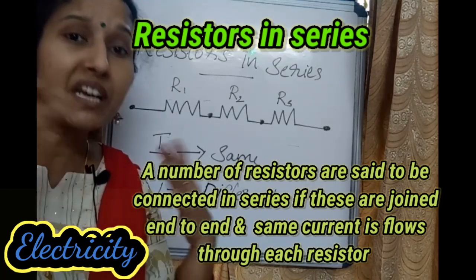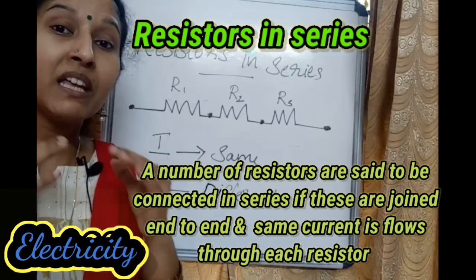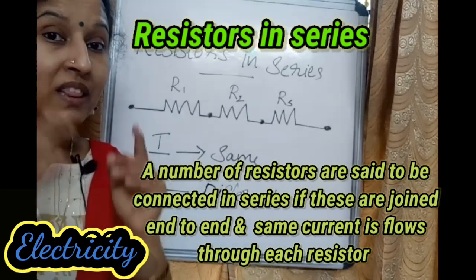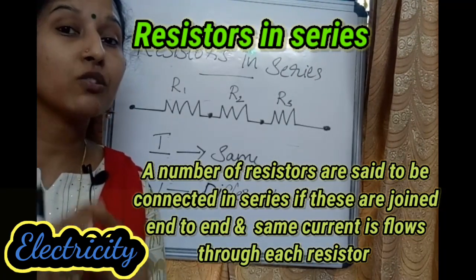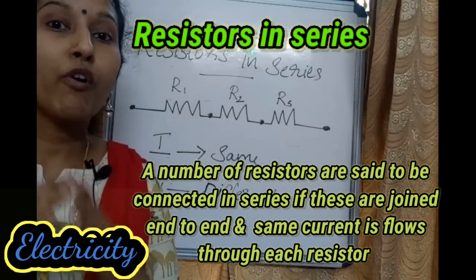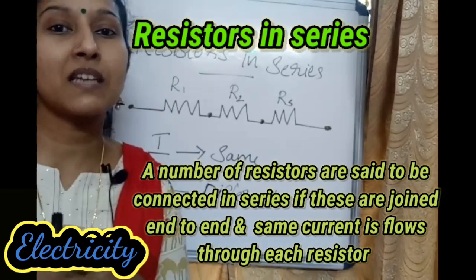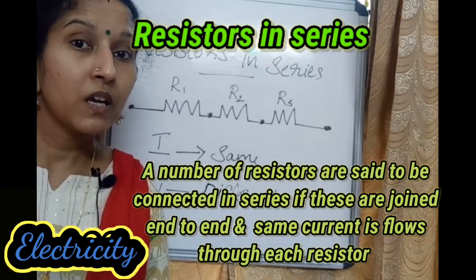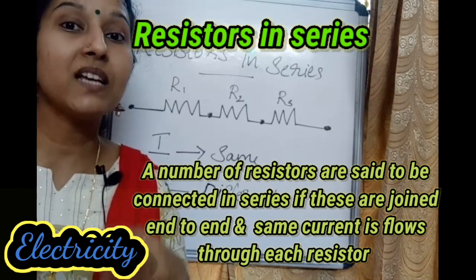If there are 15 resistors connected in series, these 15 resistors have the same current. So in series connection, I is common.